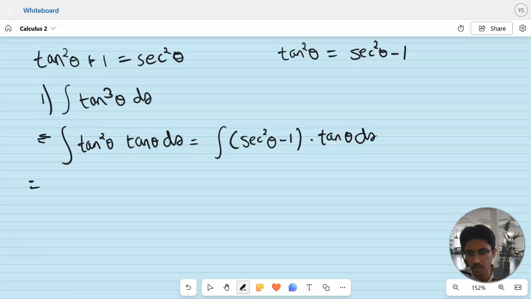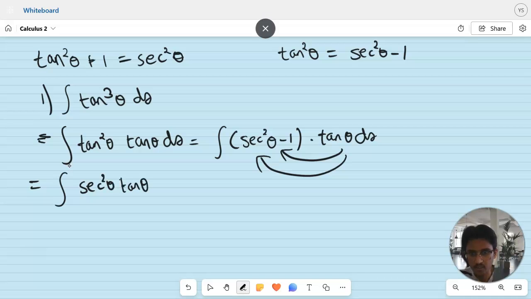Now if we multiply into the inside, this is going to be secant squared theta tan theta minus tan theta d theta.